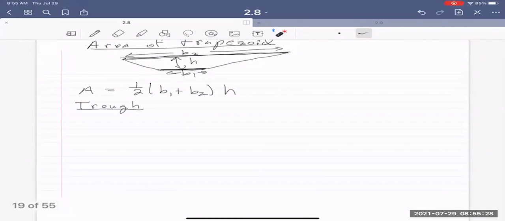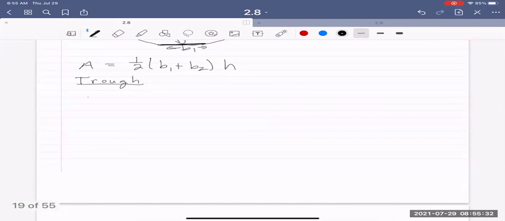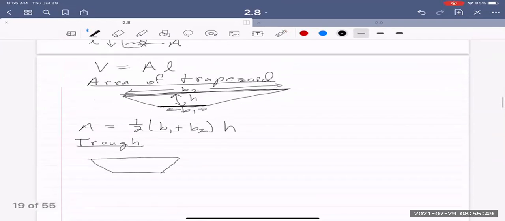Okay, so my trough here looks as follows. It's supposed to be isosceles. Let's make it look more isosceles. Yeah, that looks pretty good.